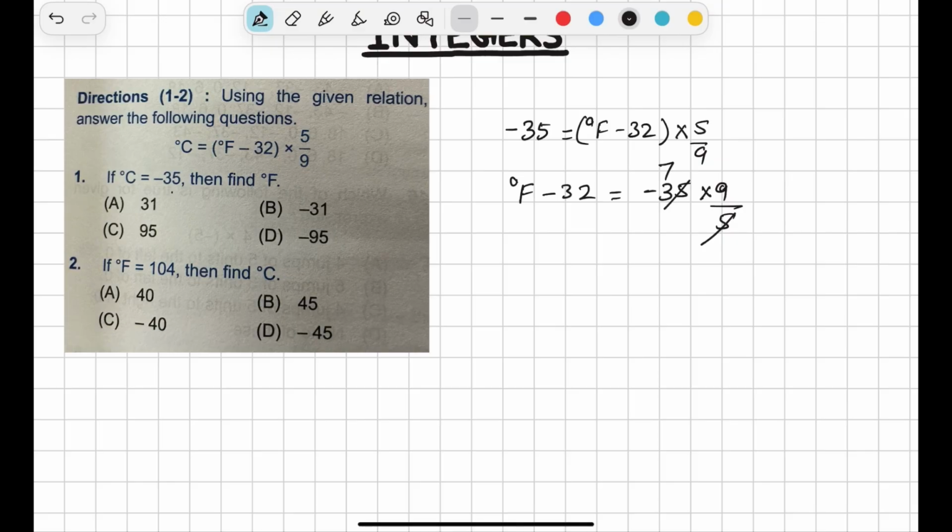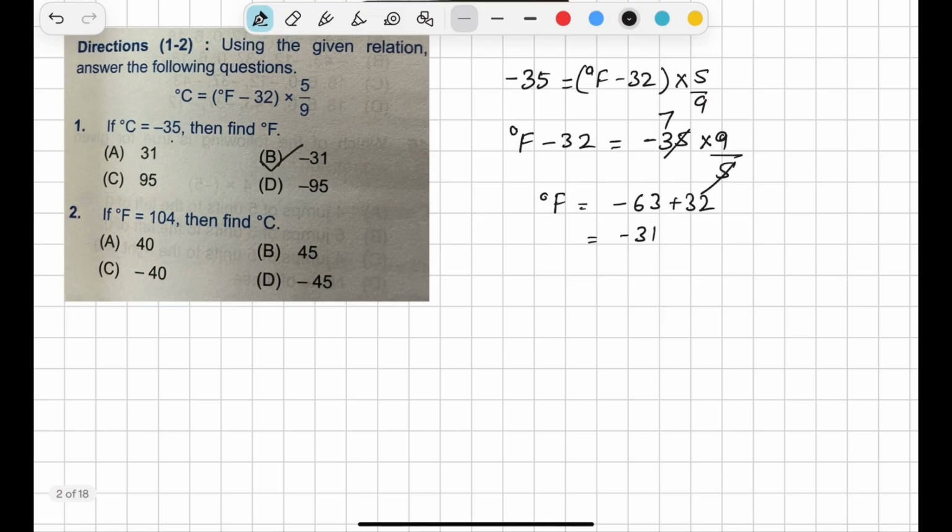Five sevens, so we get degree Fahrenheit is equal to 9 sevens are 63. So degree Fahrenheit is equal to minus 63 plus 32, which is equal to minus 31. So B is the right answer.